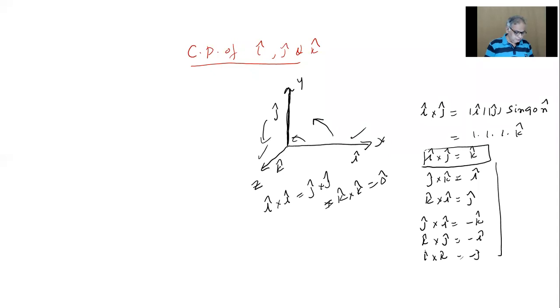Hello, children. Yes, sir. Therefore, I can calculate the cross product of two vectors in ijk form.